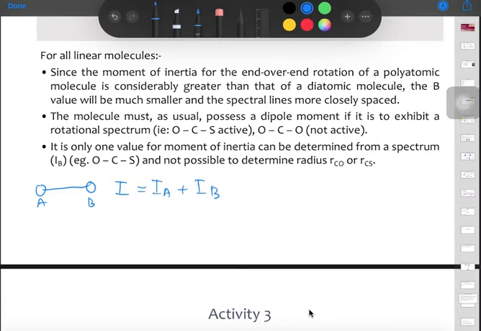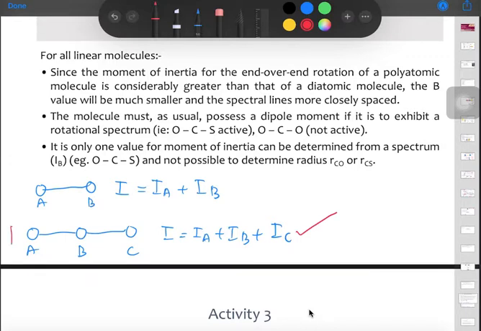But if you have three atoms, A, B, and C, the sum of inertia is IA plus IB plus IC. Therefore, the inertia in a linear polyatomic molecule is much greater than in a diatomic molecule.